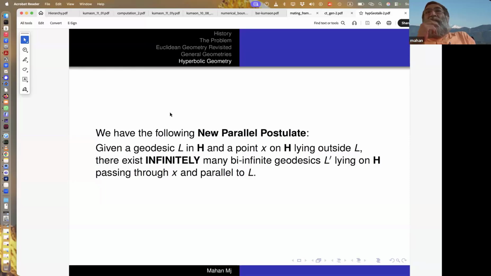So you look at R3 equipped with dx square plus dy square minus dz square equal to ds square. And now you look at the unit sphere in this, which is what?